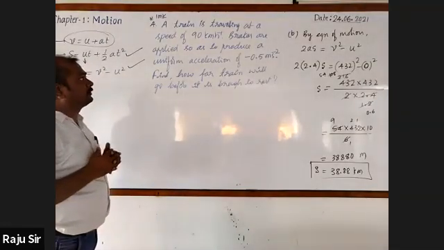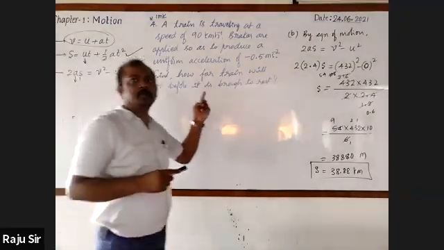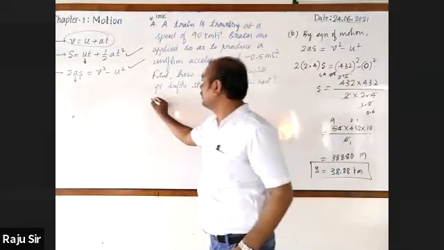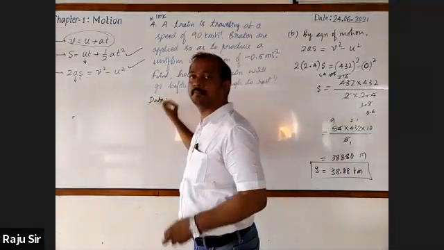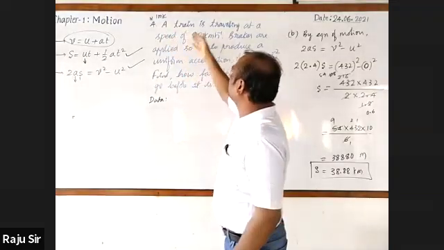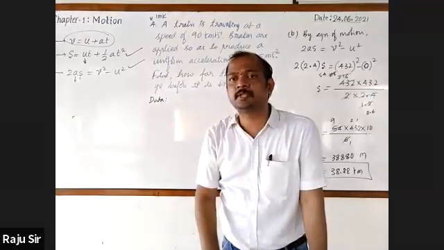Please observe, once you go through the statement, observe the physical quantities and know their units as well. Yes, go on writing with me. A train is traveling at a speed of 90 kilometers per hour. Could you tell what does it represent?